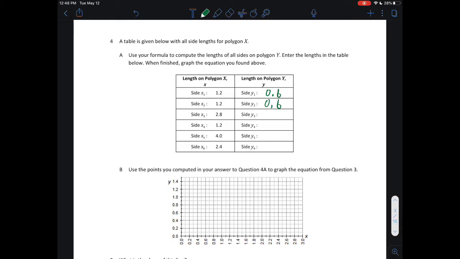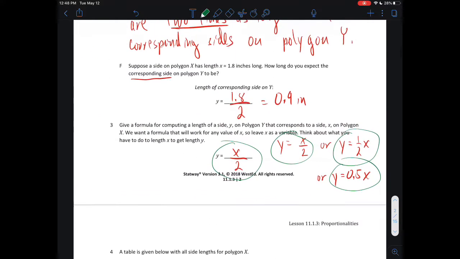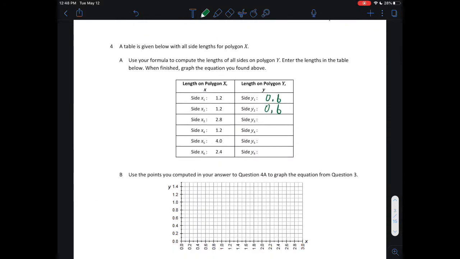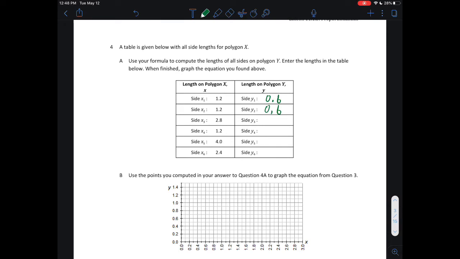Now x3. You're given that x is 2.8. Take 2.8 and divide it by 2. 2.8 divided by 2, I get 1.4. You could also take 0.5 and multiply it by 2.8. You still get 1.4.